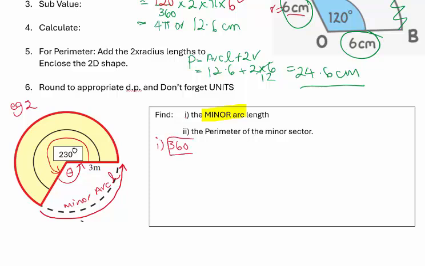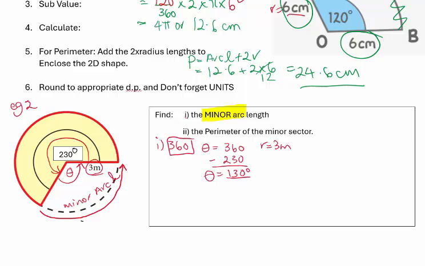So in your book, you'll write theta, which is the angle, is 360 minus 230, and you will get 130 degrees. So the angle that we are trying to find corresponds to the angle of 130 degrees. Then we write down the radius, because at the moment we're writing down what we know. So the radius is 3 meters.